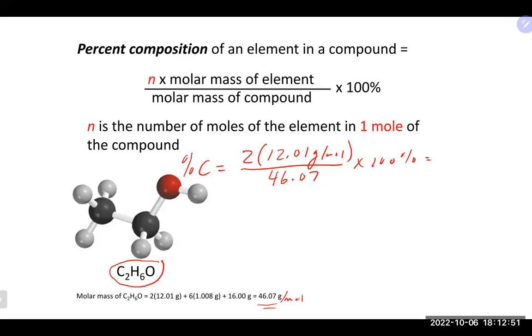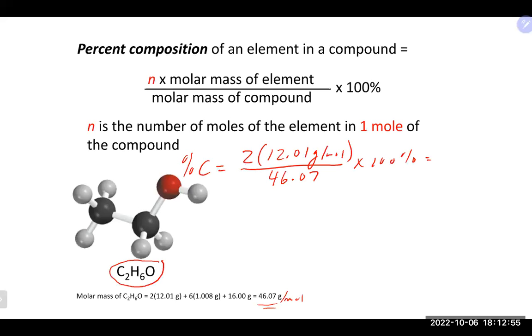And for carbon, by mass, we would see 2 times 12.01 divided by 46.07 times 100, about 52.14%. So about 52.14% carbon. We could do the same thing for our hydrogen.